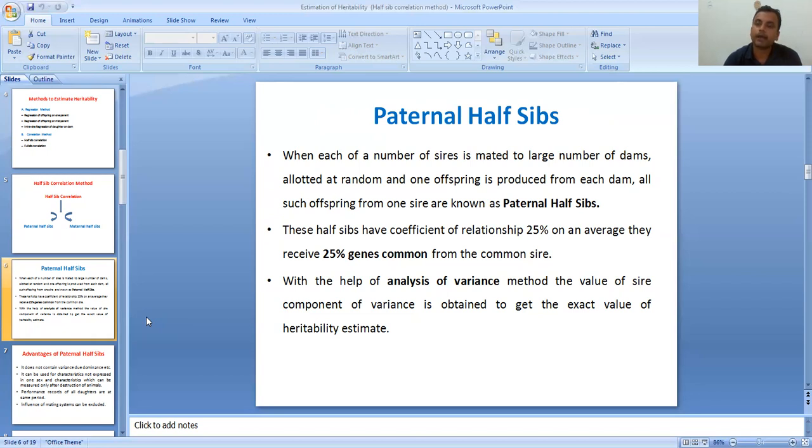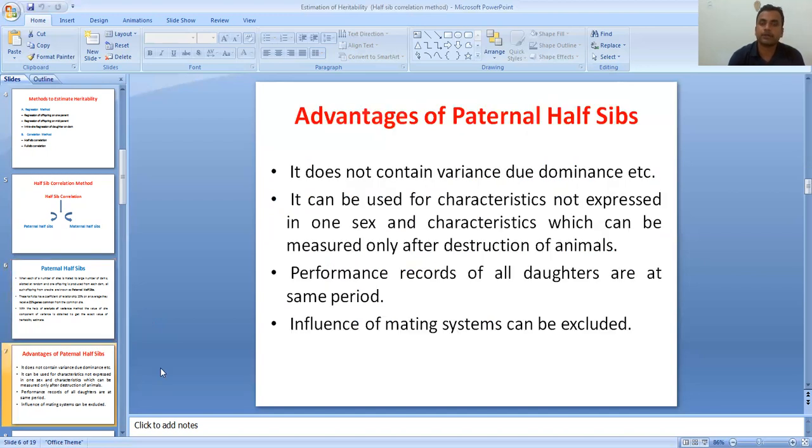With the help of analysis of variance, we can find out the value of the sire component of variance and get the exact value of the heritability estimate. Next, what are the advantages of paternal half-sibs? Most important, it does not involve the dominance effect in variance.